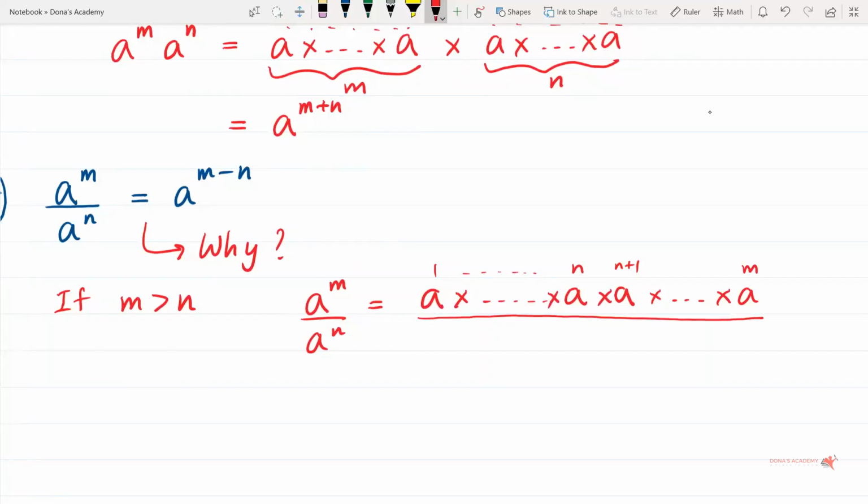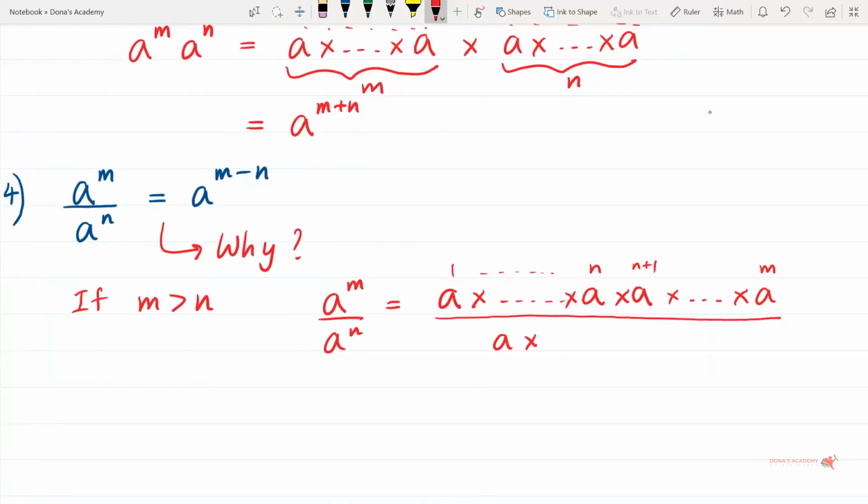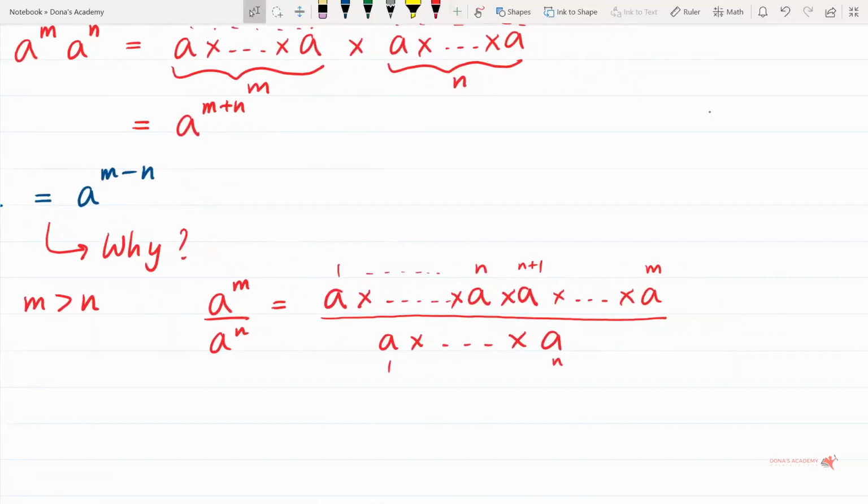And in the bottom I have a, here my first a, here my nth a. Now I can see that I can cancel these n number of a's in the top and the bottom.